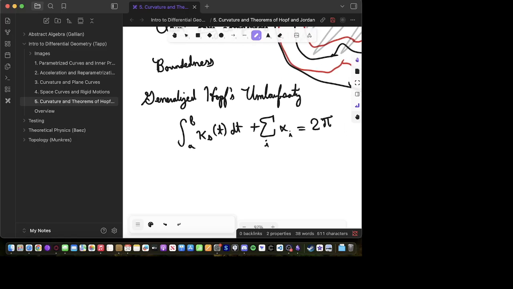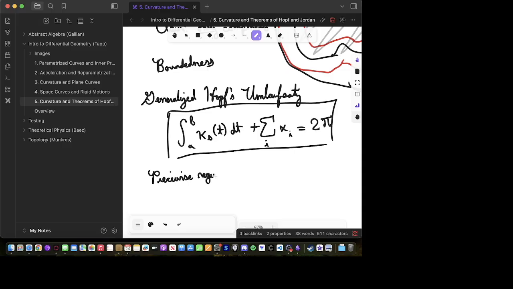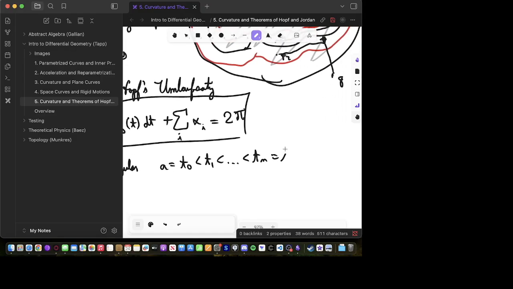So there are a couple questions here. What is a piecewise regular curve? That is basically a curve that can be split up into partitions t0, t1, dot, dot, dot, tn equals b, such that each subinterval from ti to ti plus 1 is regular.